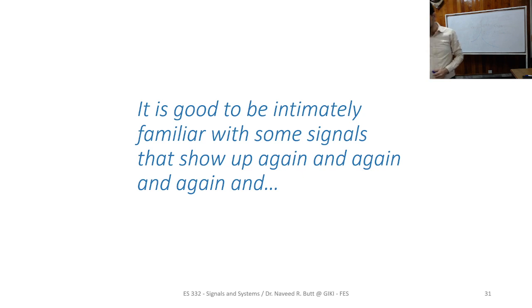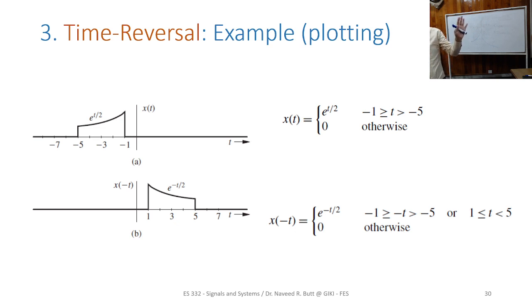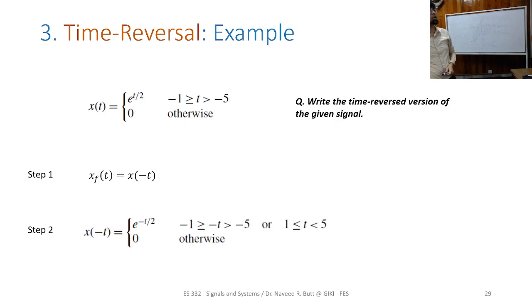Okay, so these were the basic operations that we wanted to discuss, but there are some others that you should already know. What does minus x(t) do? Let's say on the left, what is written is x(t). So can you draw and write the equation for the vertically flipped minus x(t)?